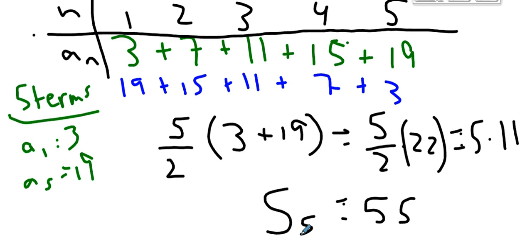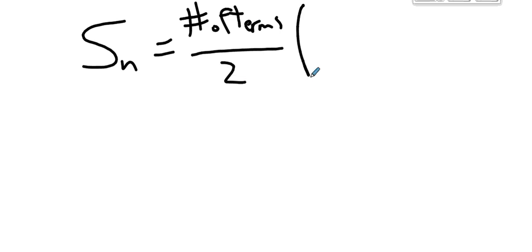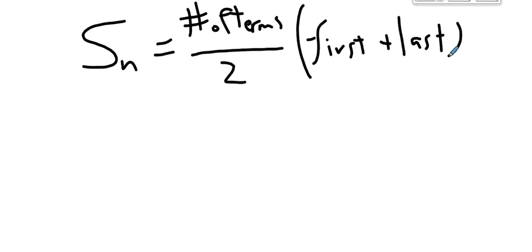So let's make this in general terms, and I'll show you a couple different ways that we can do this. In general, to find the sum of the first n terms, that is 1 through n, of an arithmetic sequence, you need to take the number of terms divided by 2 times the first term plus the last.